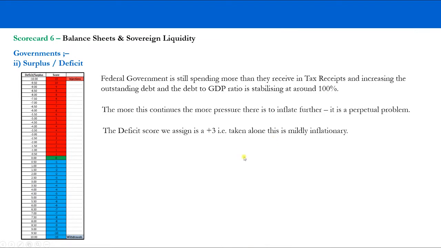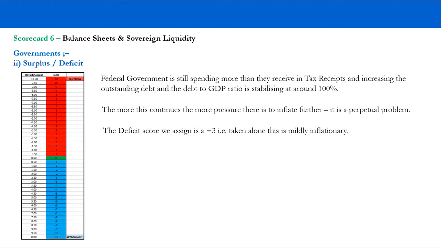If we go back to the presentation, we can further understand what's going on here and look to scorecard the situation. Now, it's pretty obvious that the federal government is still spending more than they receive in tax receipts and increasing the outstanding debt and the debt to GDP ratio, stabilizing at around 100%.